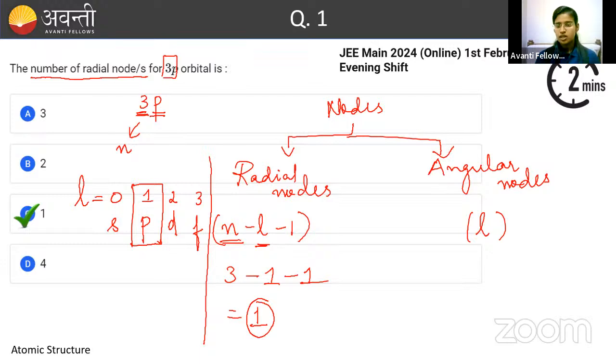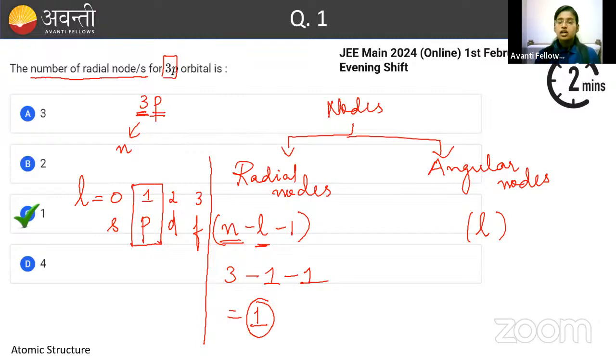You want to say something, my dear? Okay, I think she raised her hand by mistake. See, students, if you're having any doubt, just put it in the chat box. Yeah, what I was saying.